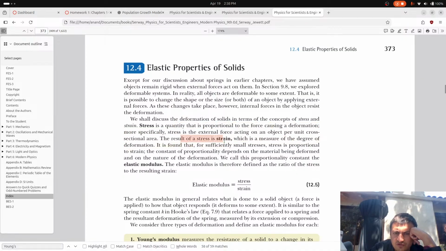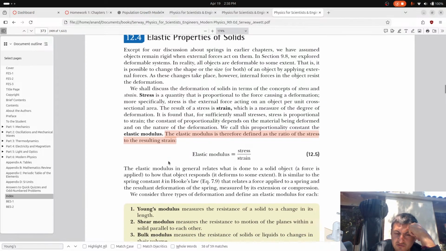The result of stress is strain, which is a measure of the degree of deformation. It is found that for sufficiently small stresses, stress is proportional to strain. The constant of proportionality depends on the material being deformed and on the nature of the deformation. We call this proportionality the elastic modulus. The elastic modulus is therefore defined as the ratio of the stress and the resulting strain.